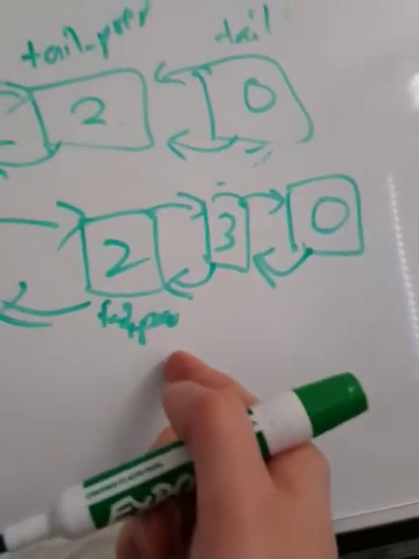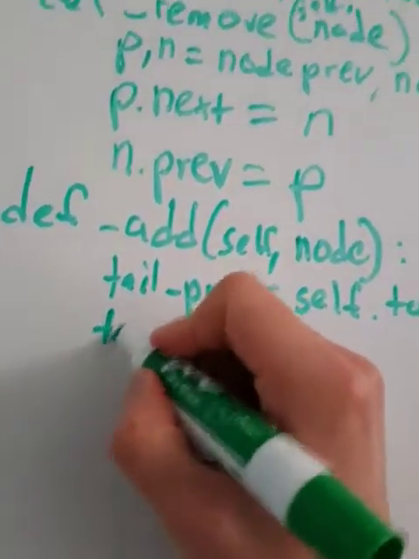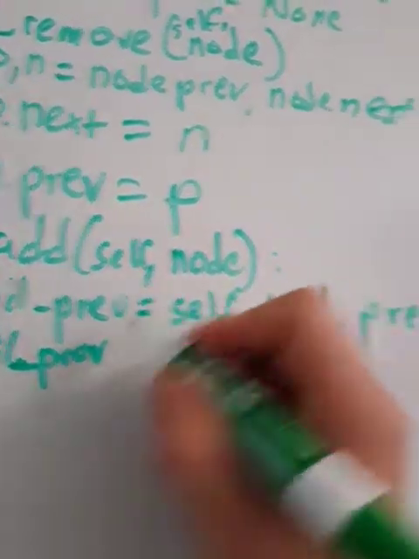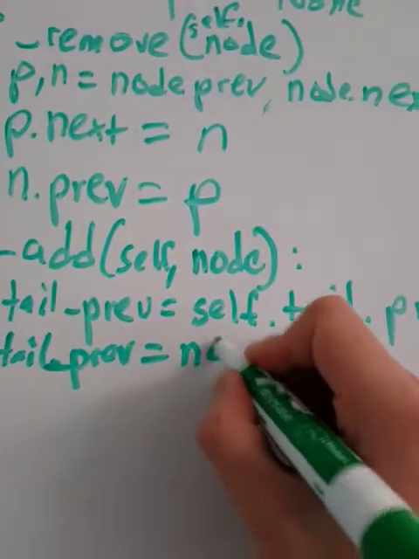So yeah, this is tail.prev. And then, like I said before, tail.prev.next is equal to the node.